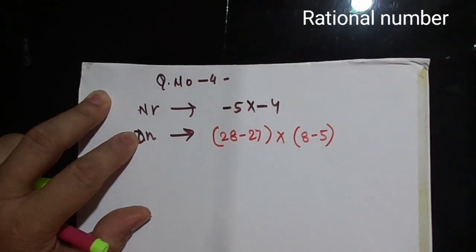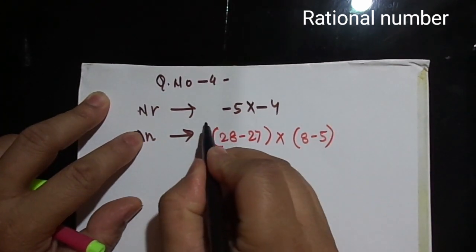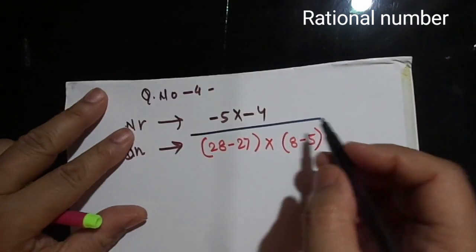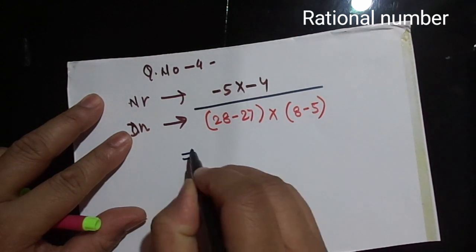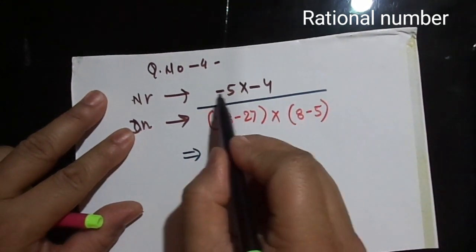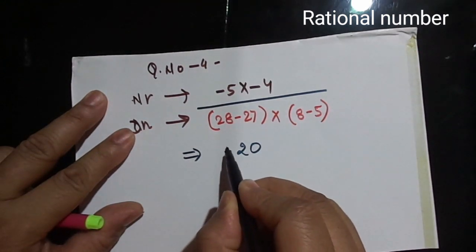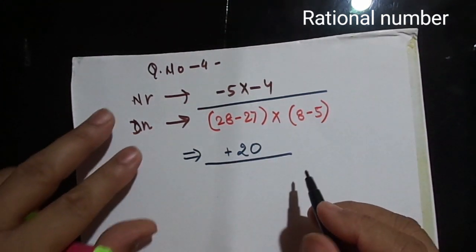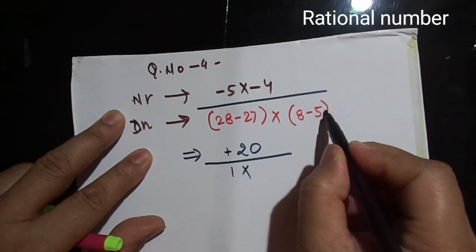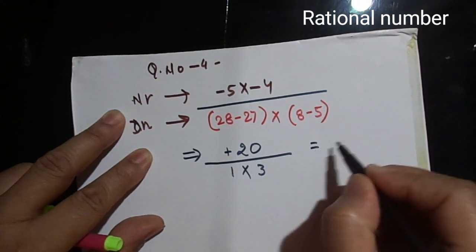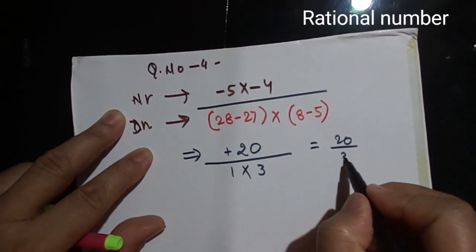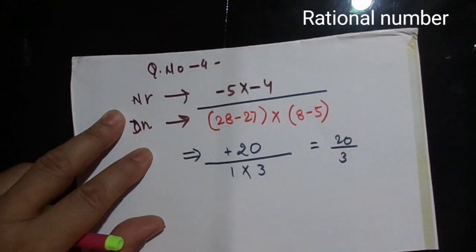On simplification, the numerator can be written as 20, since minus into minus gives plus 20. The denominator is 28 minus 27, which is 1, into 8 minus 5, which is 3. So it is equal to 20 by 3, isn't it?